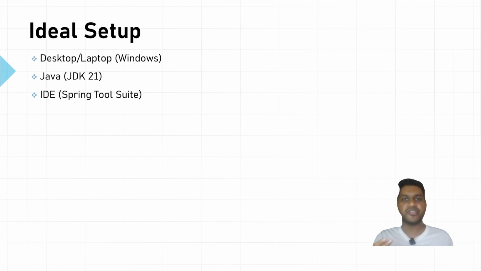Why I'm using Spring Tool Suite here is because it is easier to use. It is going to provide me all the features. In IntelliJ, first of all, there is the IntelliJ Community version and the IntelliJ Ultimate version. In the Community version, you don't get the default option of creating a Spring Boot project from scratch. Then some people say that you can upgrade to IntelliJ Ultimate, but that requires money.